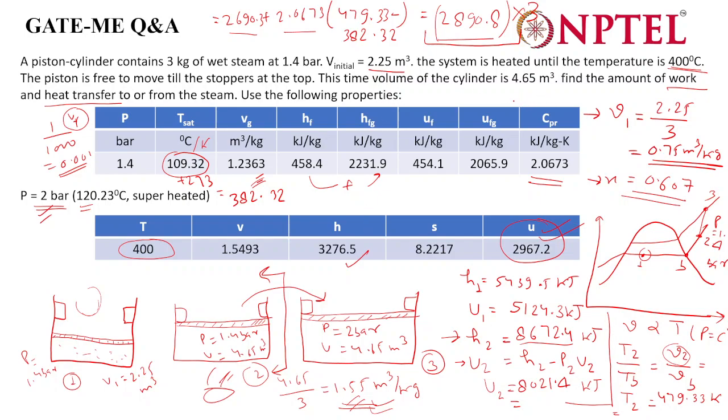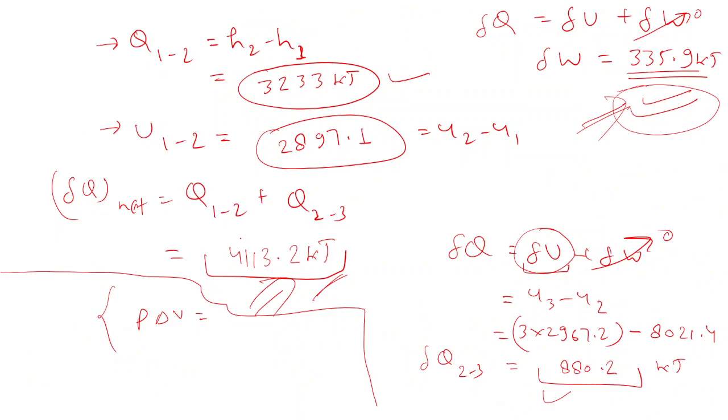So simply subtract, it becomes 2.4. 140 into 2.4. How much will it come? It should come around this only. Minus 24,336. Approximately near the same value.